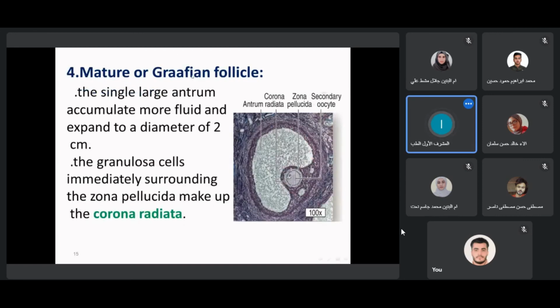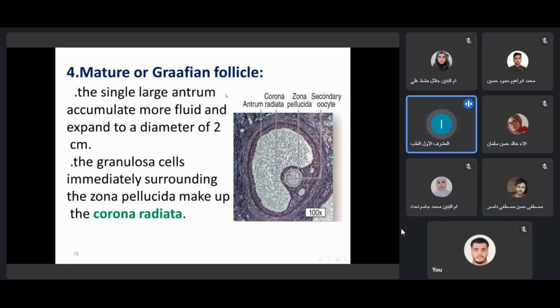The last part is the mature or Graafian follicle. During each cycle, although the process starts with a group of cells starting to grow, usually only one follicle will reach this stage of full maturity, the mature or Graafian follicle.